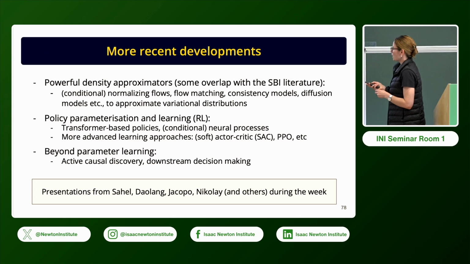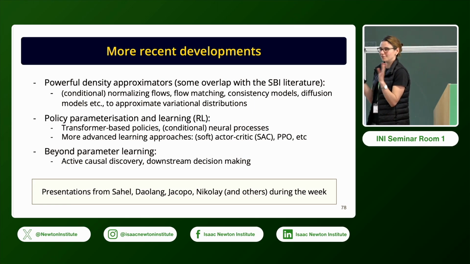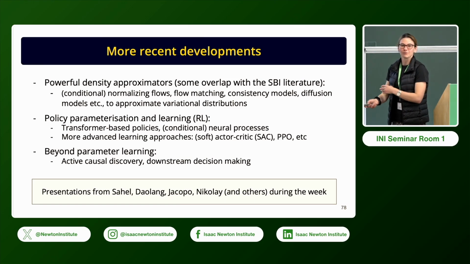And of course, you can also substitute the policy learning approach itself, right? Some work has looked at soft actor-critic algorithms. Obviously you can apply your favorite policy learning algorithm from reinforcement learning, PPO, TD3, and the other acronyms. All of them should in theory be applicable.